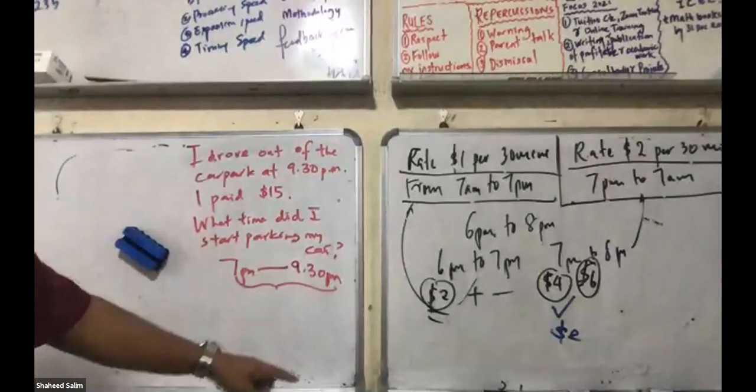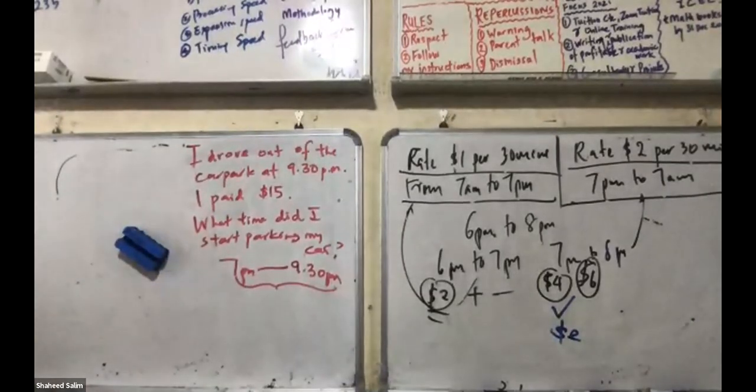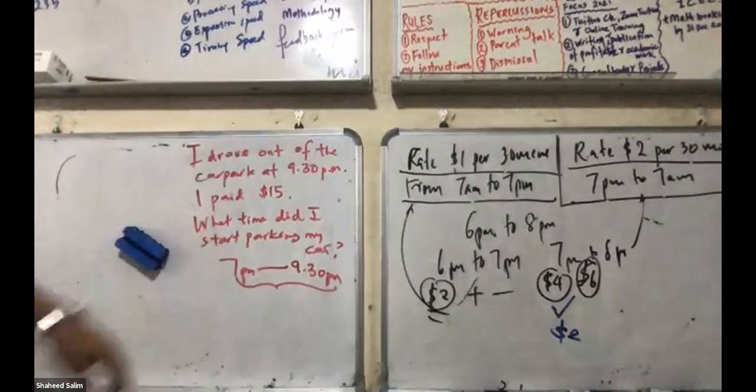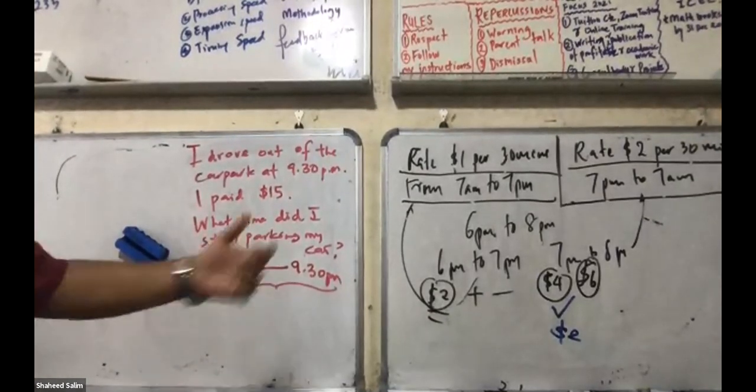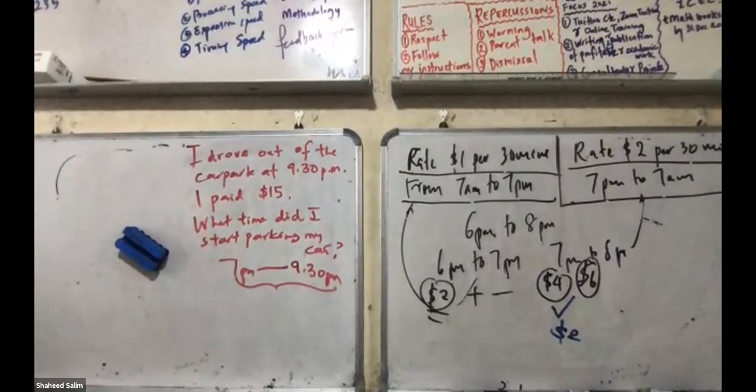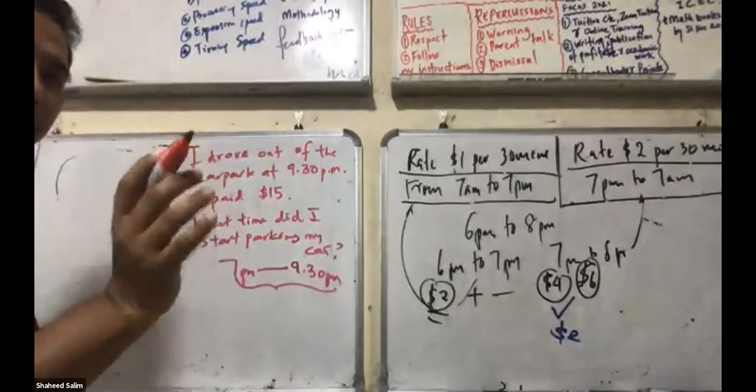Two and a half hours, how many dollars do I spend? $2 for 30 minutes. How many 30-minute segments can you have? Not 8, 5.